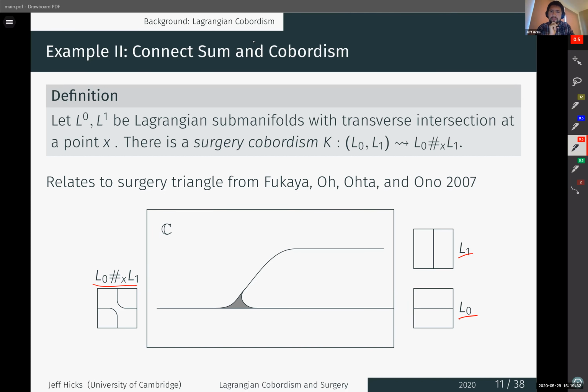I believe so. I think in Biran and Cornea's work it should work with local systems. In particular, if you look at a paper by Louis Haug on cobordisms for the torus, he outlines the steps that you would need to take to make this result carry over for local systems as well.